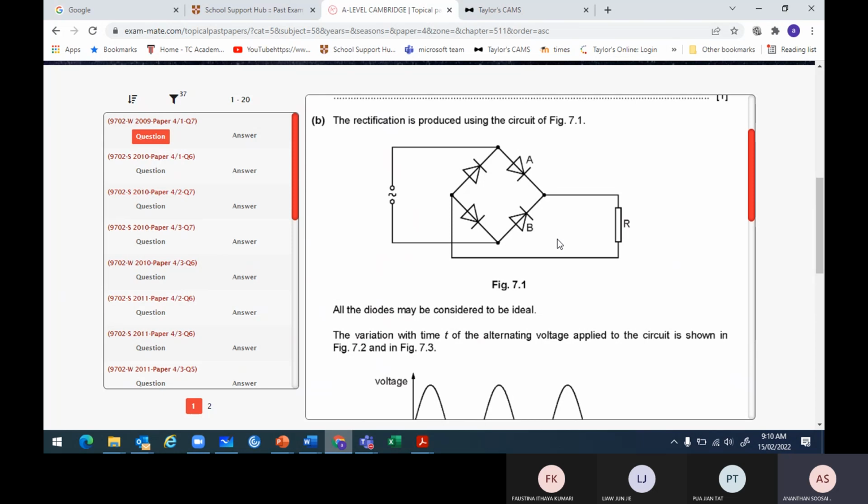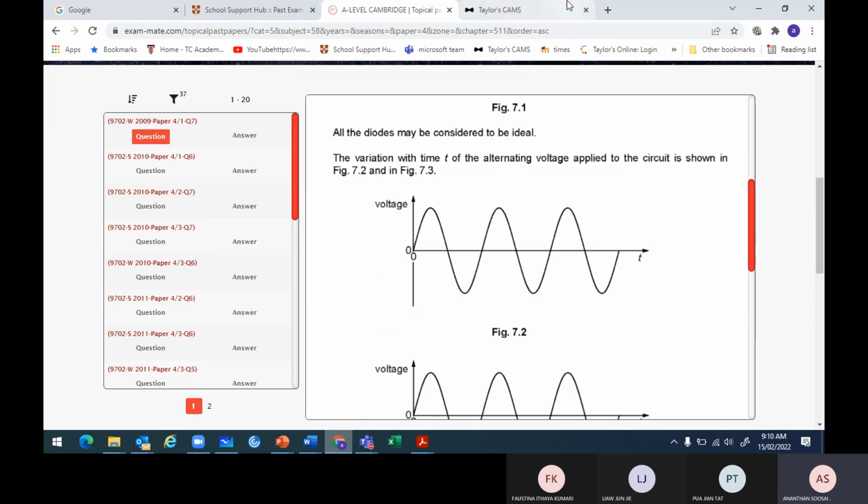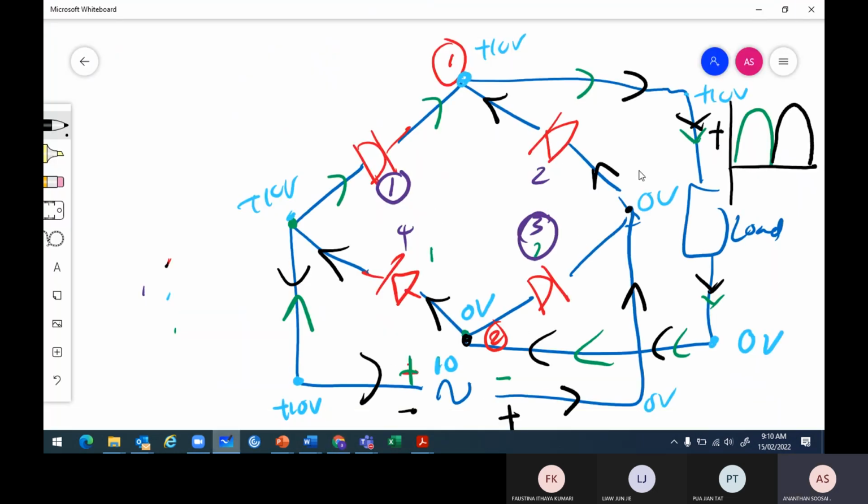Then the second half cycle, when down is positive. When down is positive, is there any current flowing through A? No current flows through A, right? So A has a high potential. Okay, so how will the graph look? So I go to the whiteboard.